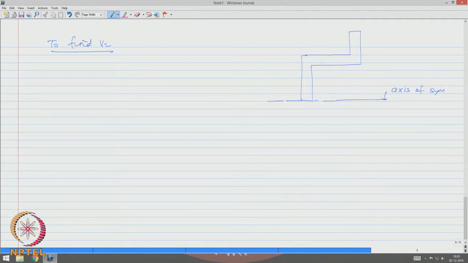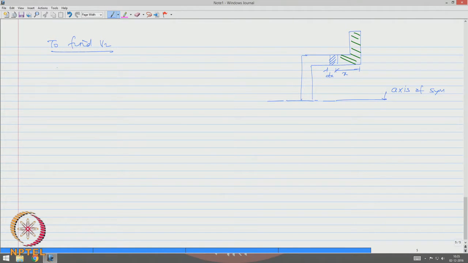I am cutting a strip here at a distance x from here of dx. So, we have to look at this area and a y bar of this separately. So, there are two pieces here, one is horizontal, one is vertical. Let us work out separately.